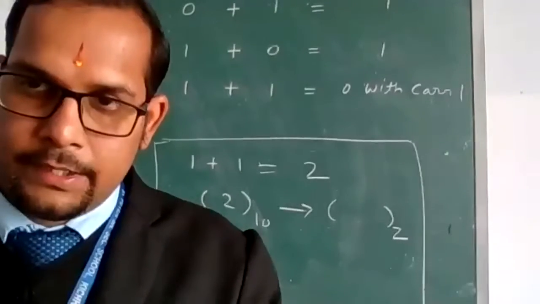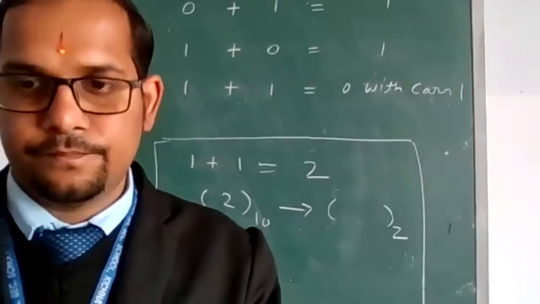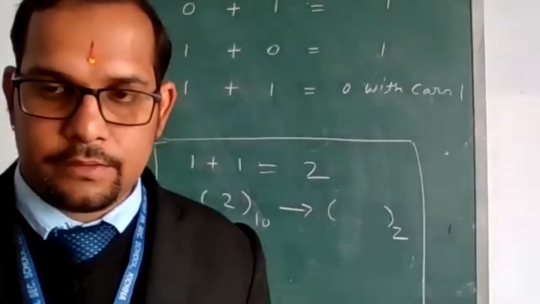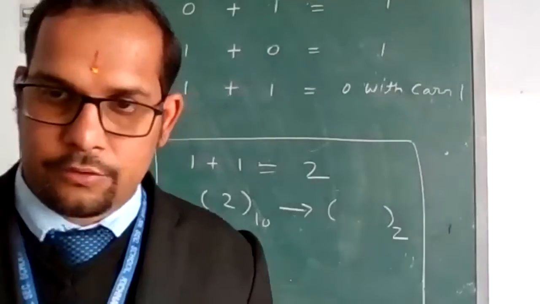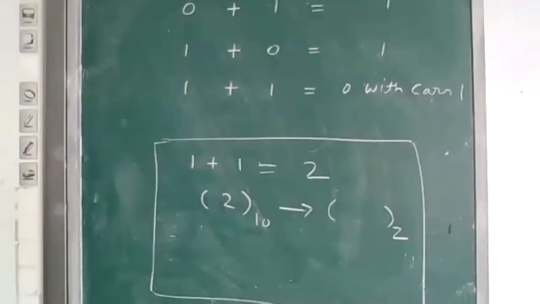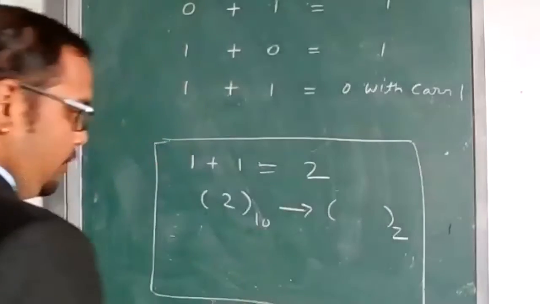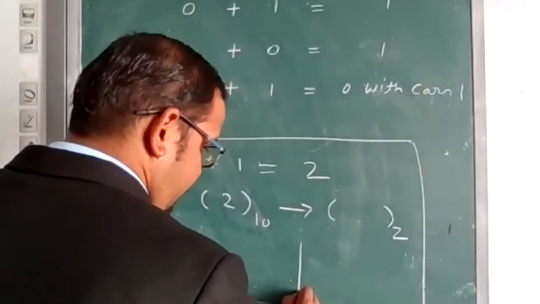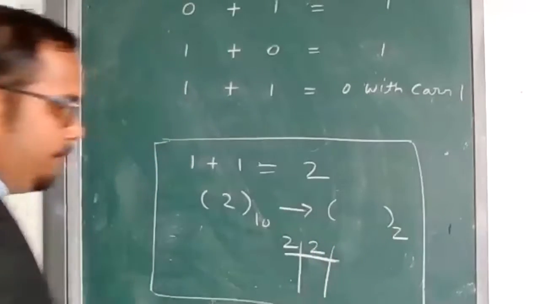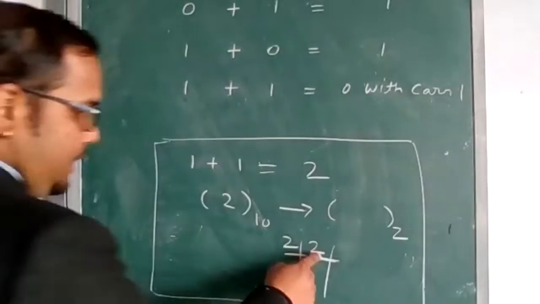Divide or multiply? What we have to do here? Yes, we have to divide. Very good. Dipal is saying that we have to divide. Divide it by 2. Very good. Okay. Now we have to divide this number by 2. So you have to divide like this, 2 and 2. Clear? Divide this number by 2.